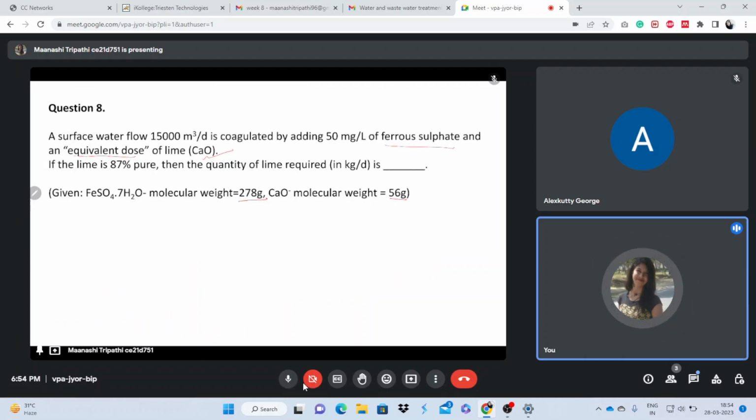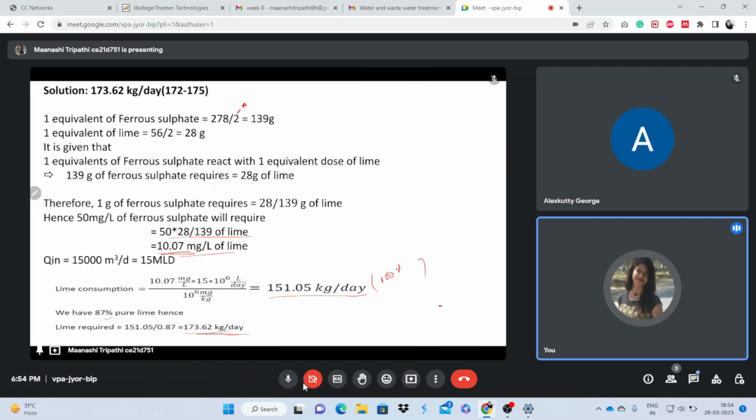The question is asking for the equivalent dose of lime, meaning both the equivalent doses will be the same. That is the main thing that we have to do in this question, and that is why we have equated this. If you can make this out, then the question is very easy to solve. You can check the solution and see if there is any doubt.